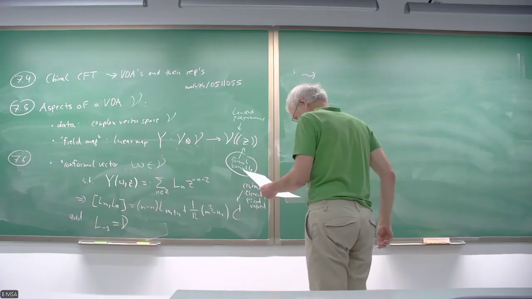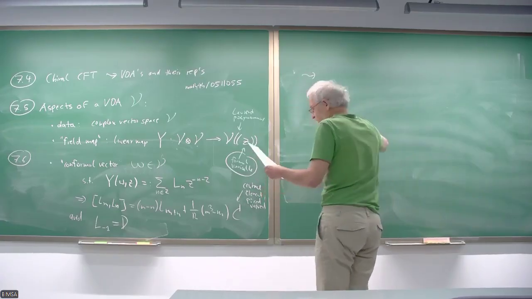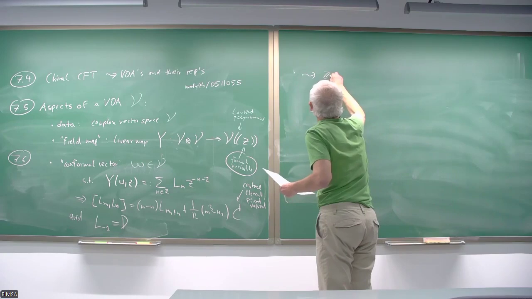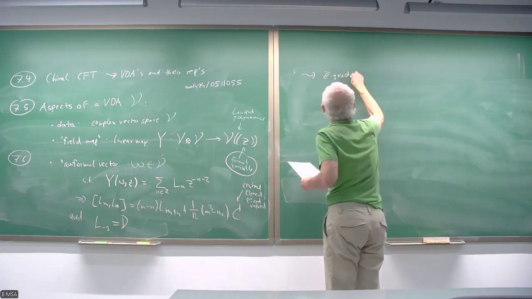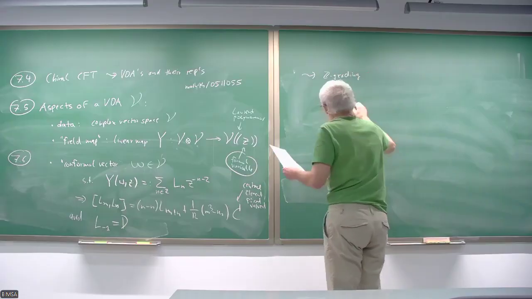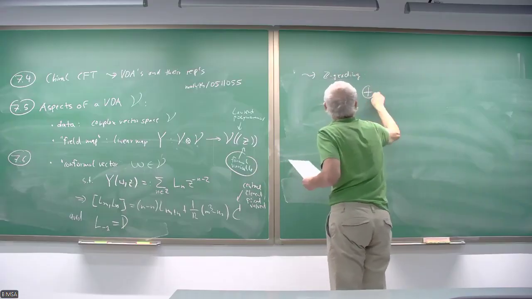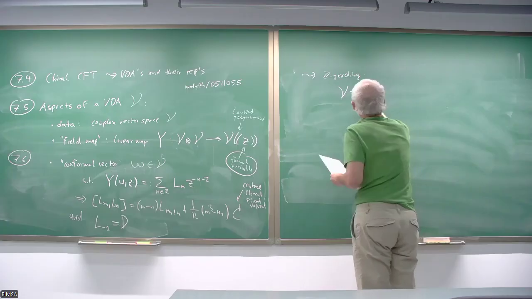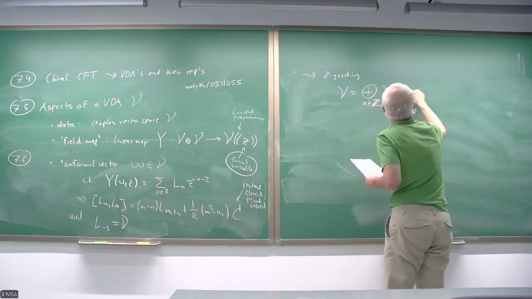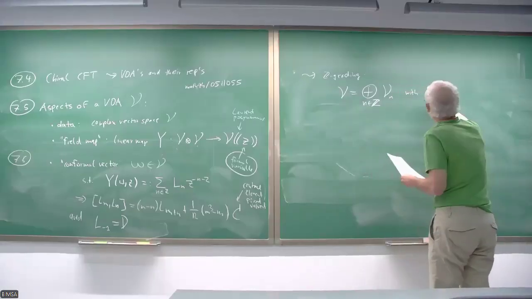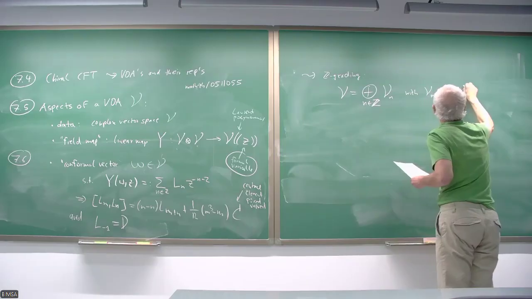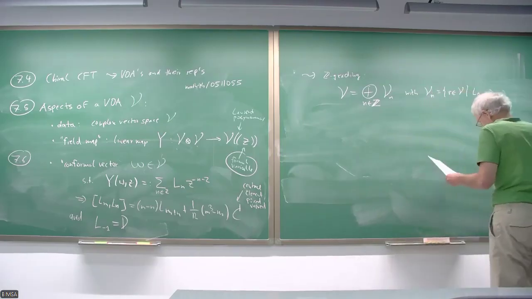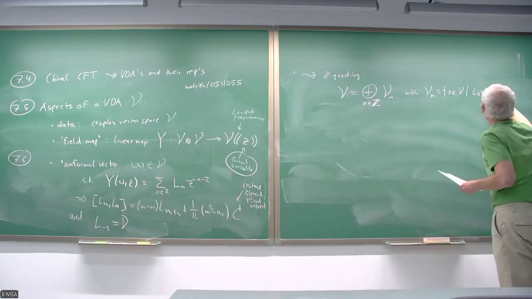But I will not use that term. So from this, it follows that there is a grading on this vector space V, and V can be written as a direct sum of subspaces V_n, with V_n consisting of those vectors v in V such that L_0 v equals n times v.